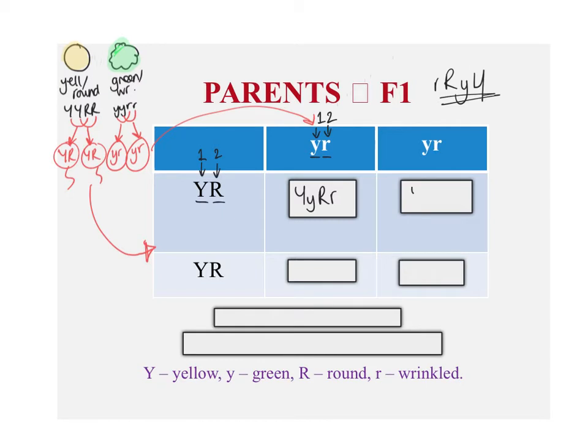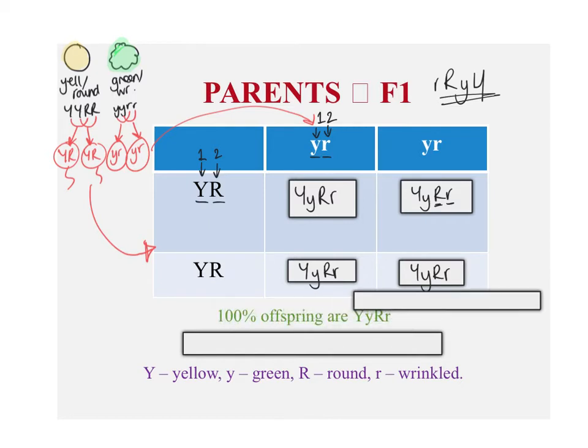And you will have noticed that all of those offspring have the same genotype. So they're all heterozygous for both traits. Hetero, so we've got a big letter and a little letter, a dominant and a recessive allele for each of those traits. When I say traits, I'm talking about characteristics, just in case you weren't sure.